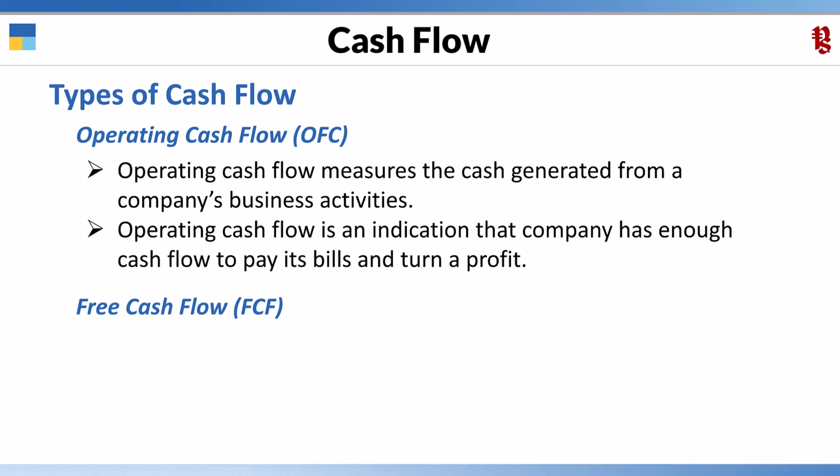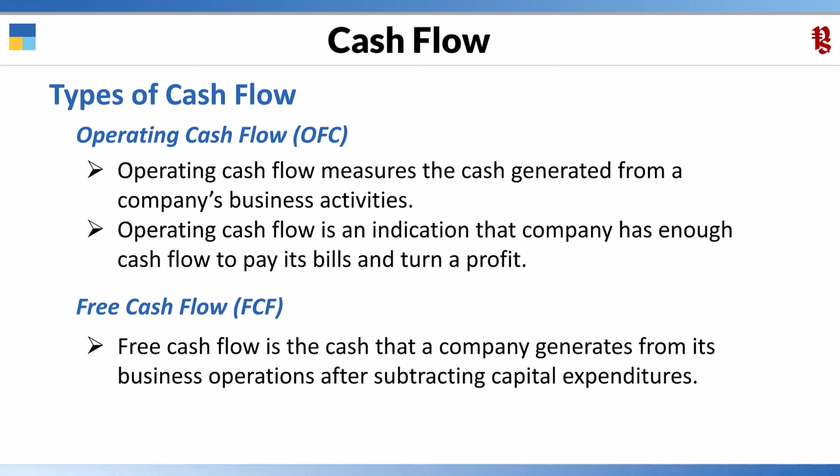The next type of cash flow is free cash flow. So what does it constitute? Free cash flow is the cash that a company generates from its business operation after subtracting the capital expenditure.